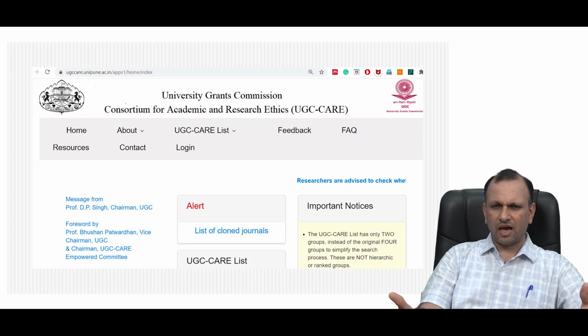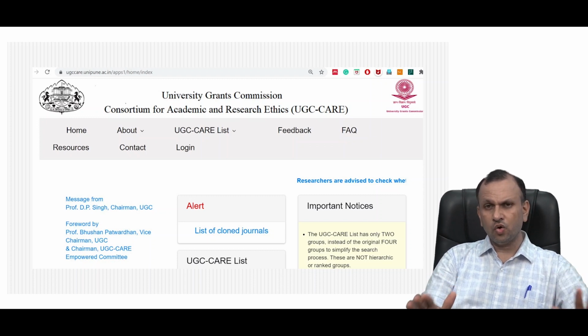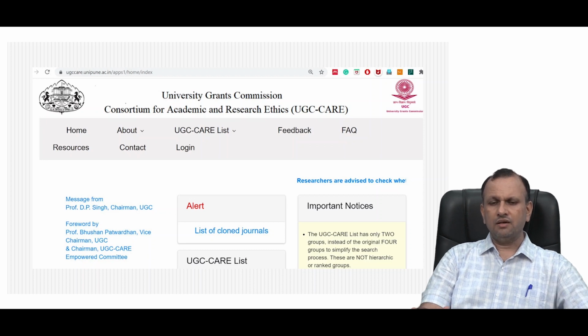Maybe to some extent, even Ayurveda, it may be useful. But in general, we should aim at publishing with good established biomedical journals. And for that, you don't need the UGC list.